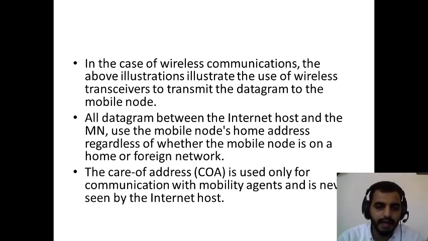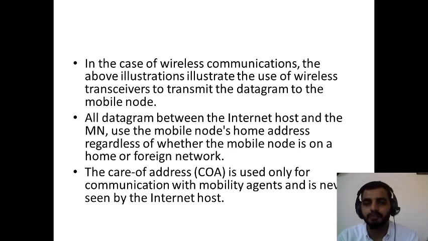Now all datagrams between the internet host and mobile node use the mobile node's home address, regardless of whether the mobile node is on the home or foreign network. The care of address is used only for communication with the mobility agent and is never seen by the internet host.